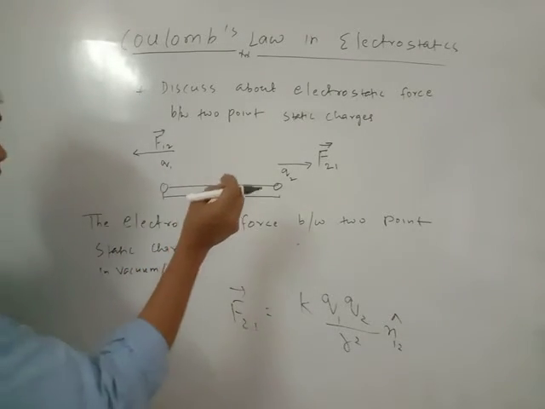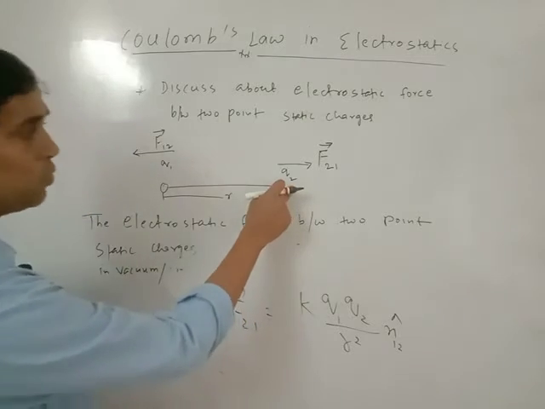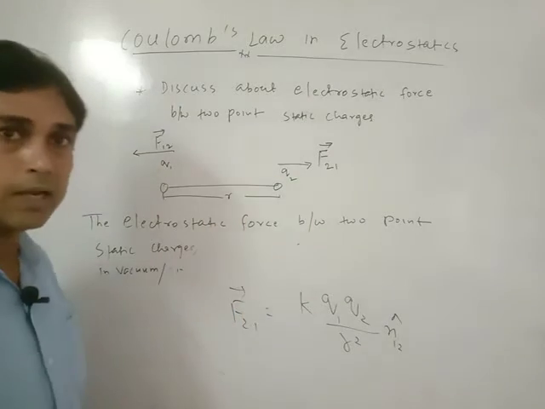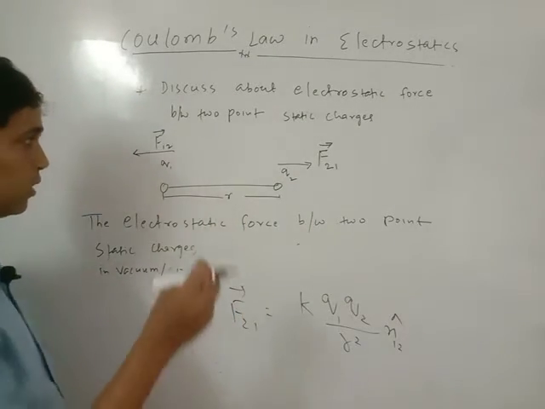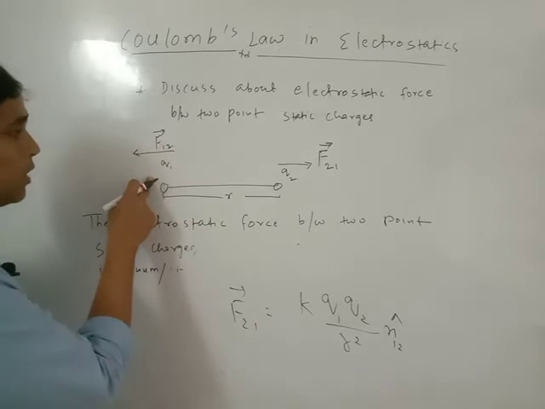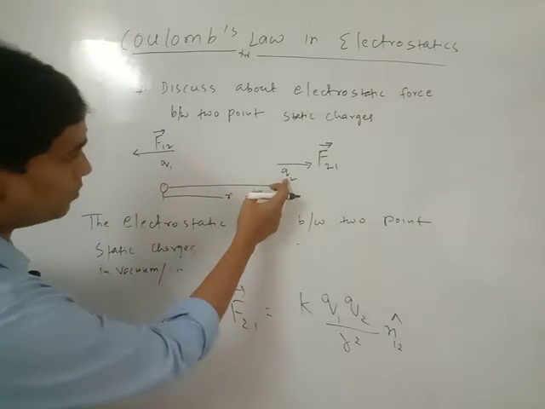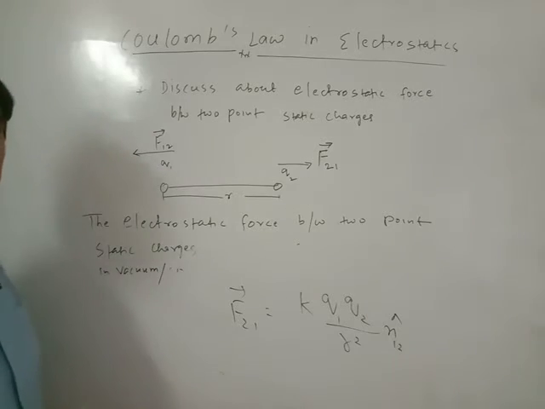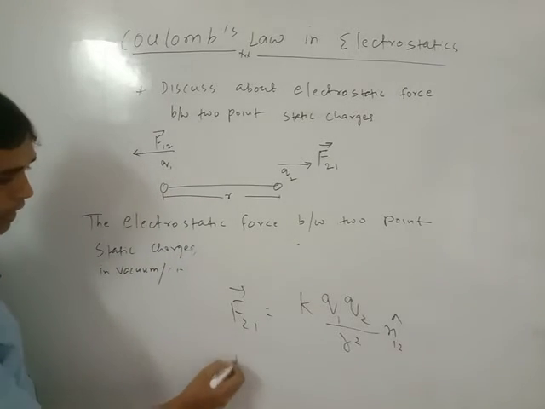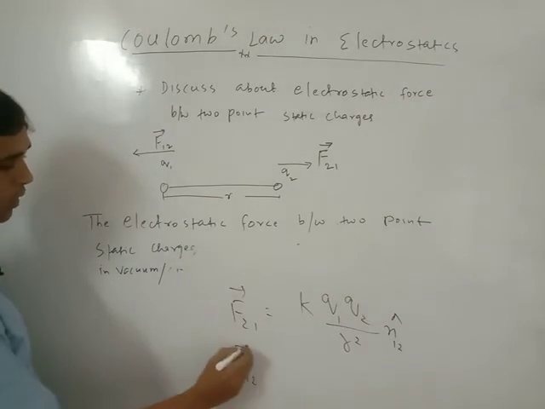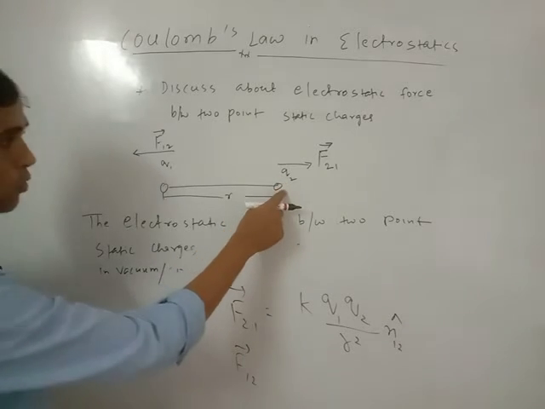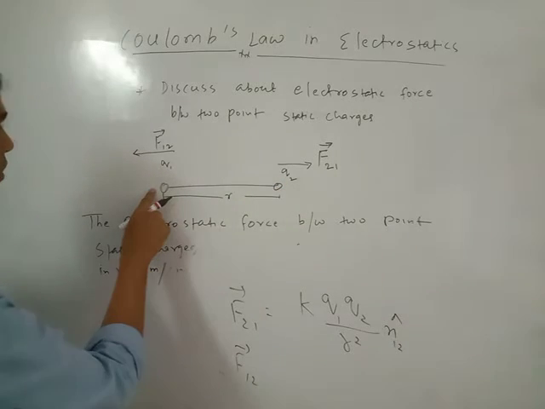Now the Q2 charged particle exerts an electrostatic force on Q1, which is directed from Q2 to Q1, and we can write F12 because Q2 is exerted on Q1.